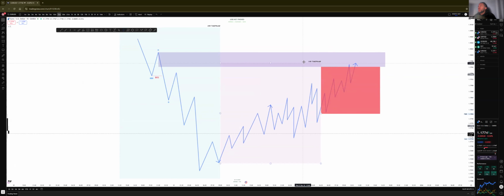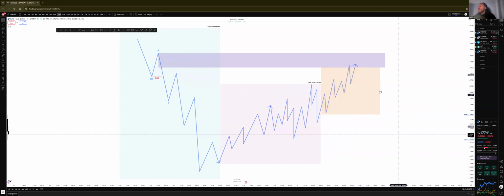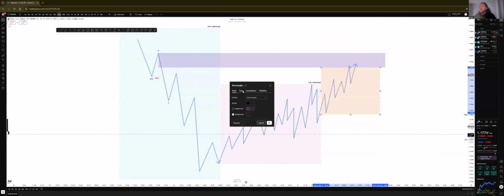So let me also adjust this. Trust me, it all makes sense, guys. Don't worry. It's going to all make sense to where you will see the bigger picture. Okay, boom. And this is your M15, your M15/30-minute time frame. Okay.